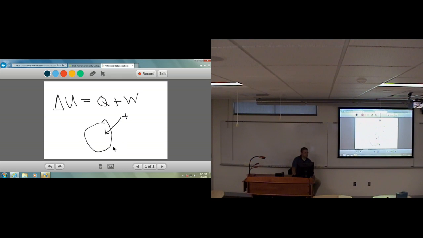It doesn't matter if it's W or Q. Because what are these things? They're just energies. So if the energy is going into the system, it's going to increase your internal energy, so it's going to have to be positive. If it's leaving the system, then it's negative. Well, what does that mean for Q? For Q, if it says the system absorbs so much heat, or so much heat is transferred into the system, or something heats up a system, then that's going into the system.